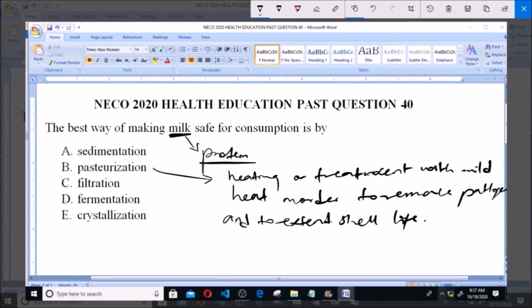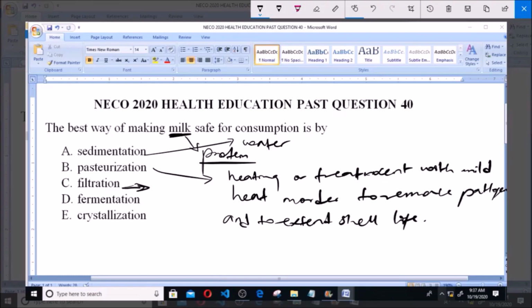But if you look at option A, it says sedimentation. Sedimentation is a process for water purification, whereby water is passed over fine beds of particles in order to sediment the particles present in the water. Filtration here is also a separation technique used to separate a solute which is insoluble in a liquid.